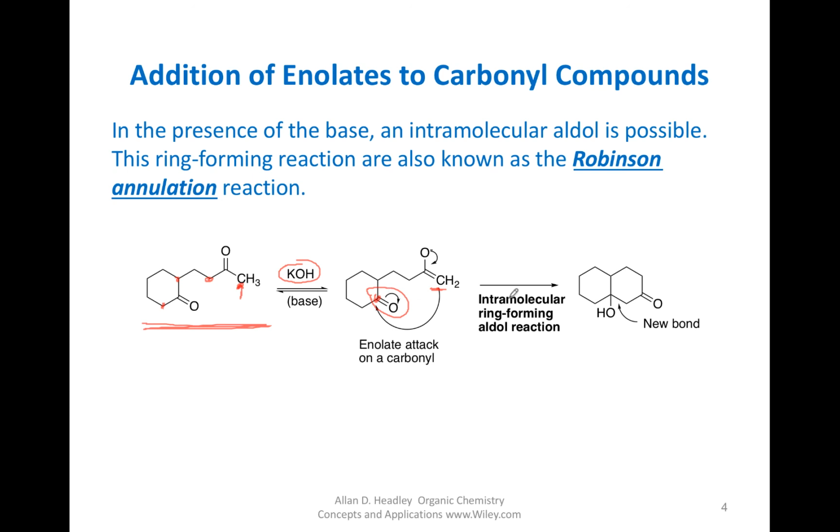If that happens, it forms a ring. So now we have a ring that's formed where this bond here is the new bond. So here we have the aldol product where this is the alcohol and the carbonyl.